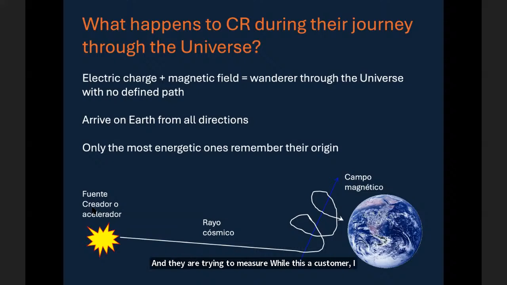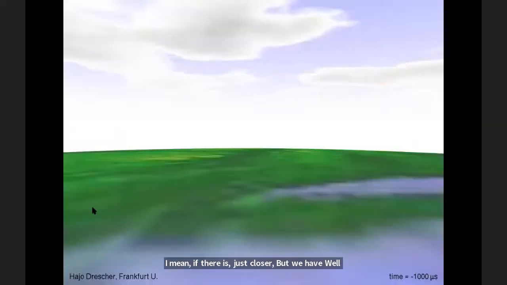They are trying to associate them to populations of AGNs, active galactic nuclei, or gamma ray bursts, or supernova remnants, or anything, just trying to find out where they are coming from. Or whether there is just a close source that may produce them.